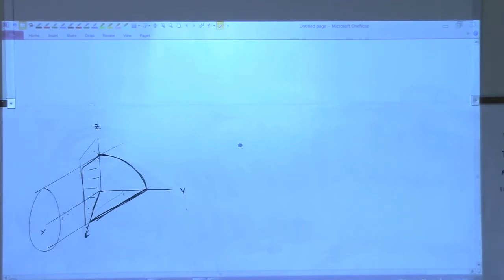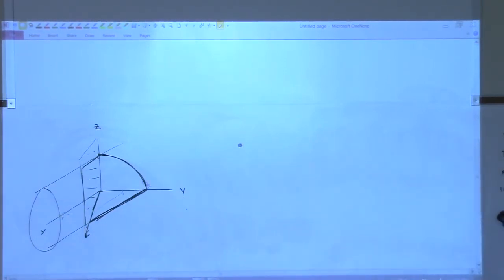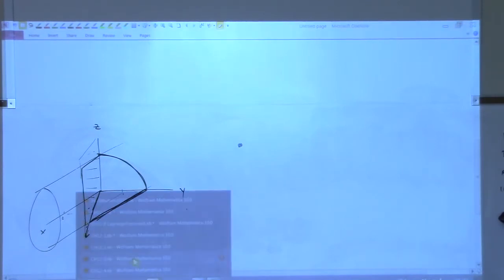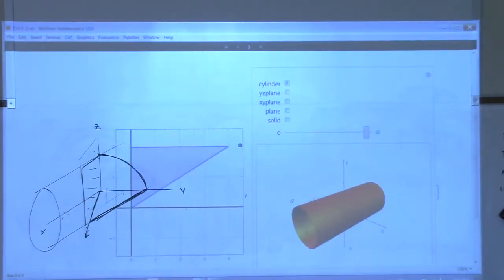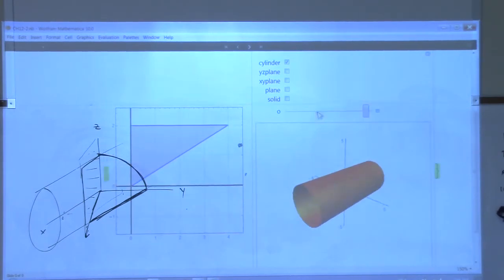So what do you want to do? This is part of the challenge for you, is can you get a good visualization of what you're trying to do? I could just bring the computer up, but that doesn't help you when you're sitting there trying to take a test, right? Here's the cylinder. Here's x equals 0, the back wall. Here's z equals 0, that's the ground.